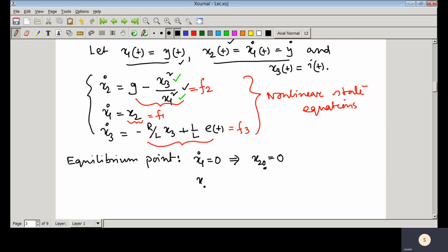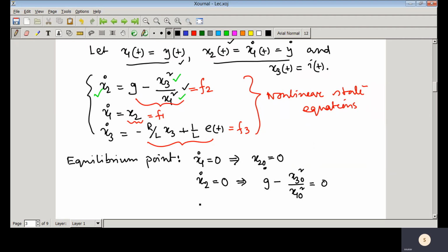Now for x2 dot equal to 0, if you just put x2 dot equal to 0 in the first equation, then that would be g minus x3 square divided by x1 0 square equal to 0.